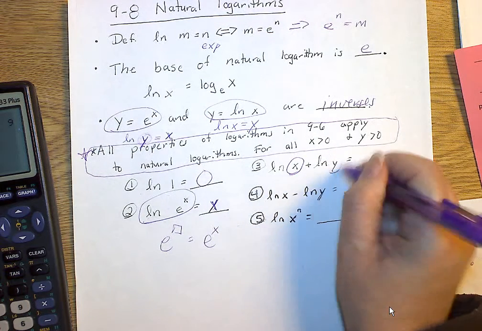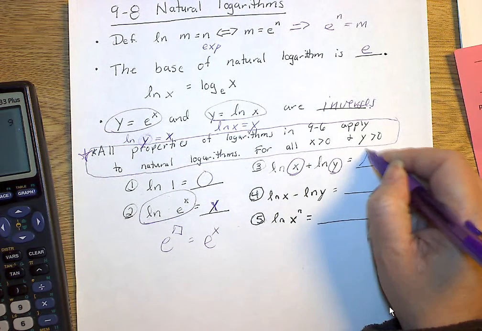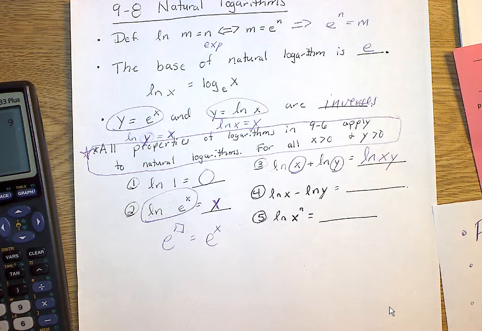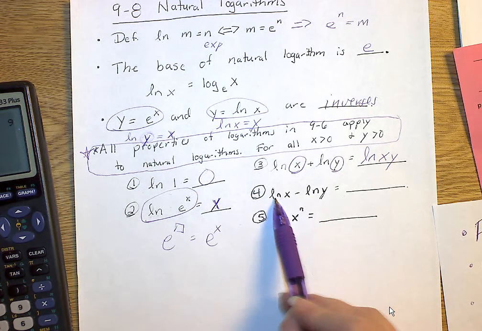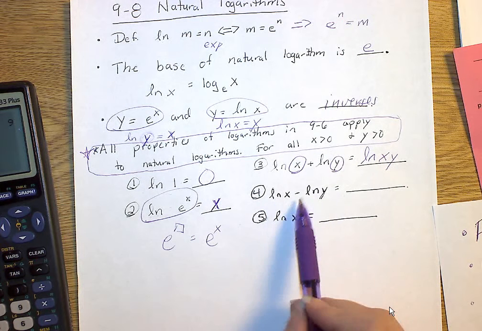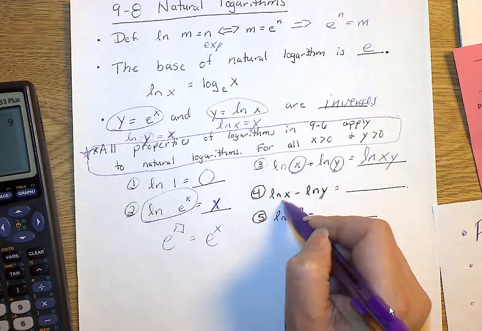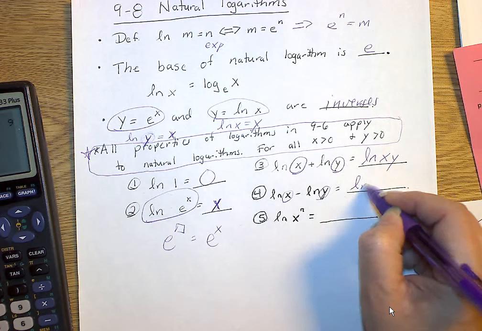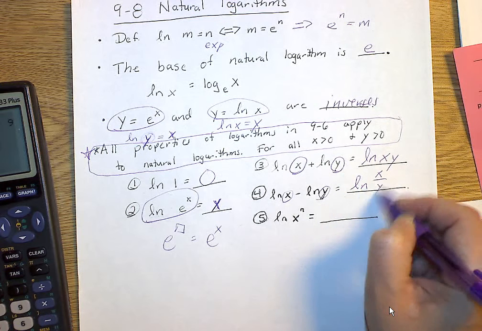So that means this equals ln of xy. When do you subtract exponents? When you're dividing variables. So when you divide your variables, you have ln of x divided by y.